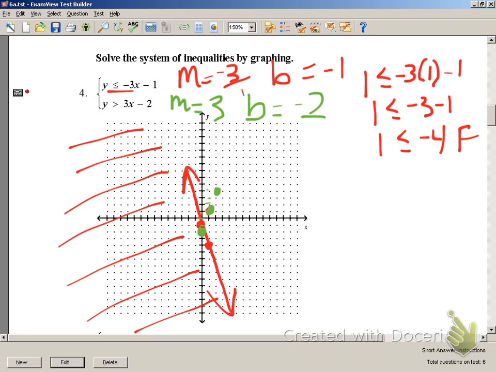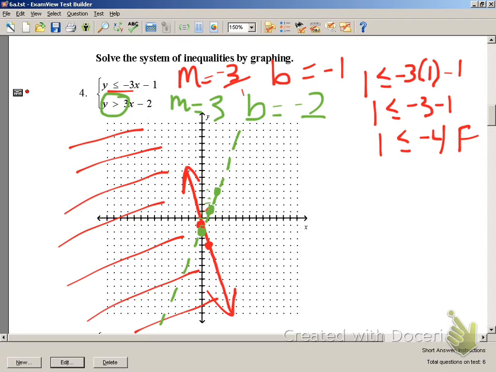Now, since it is just an inequality, greater than, it will be a broken or dashed line, such as that. So now I have to once again pick a test point. 0, 0 looks close. 1, 1 has already been used.